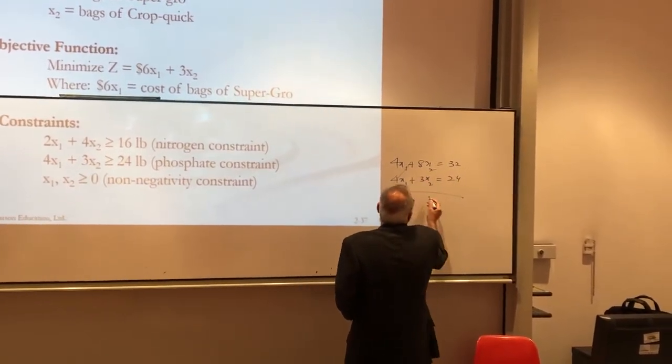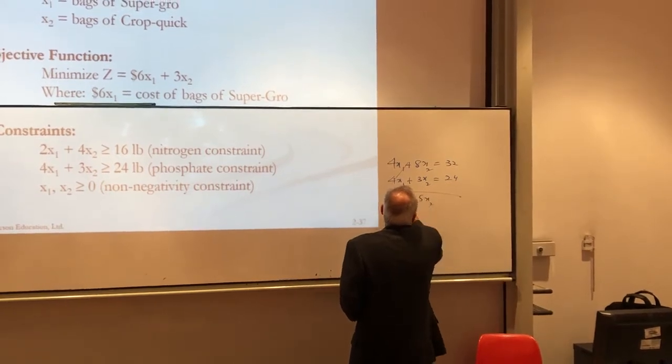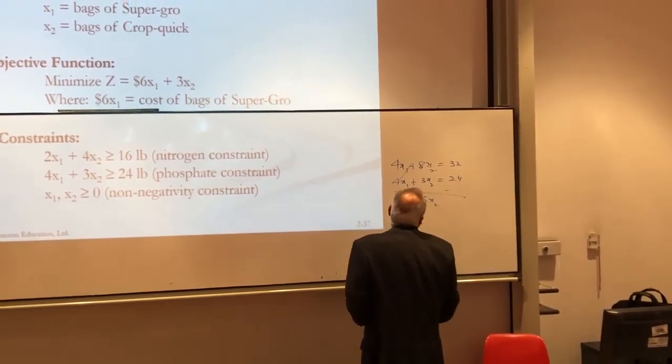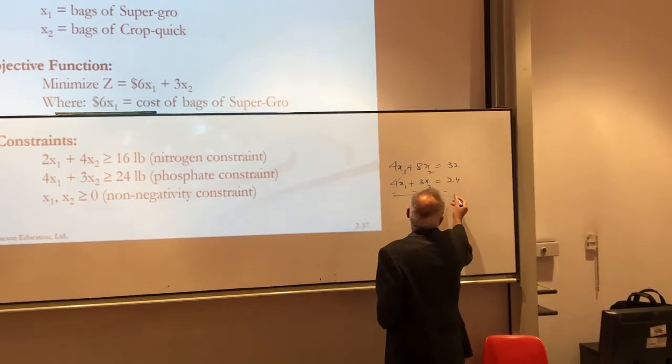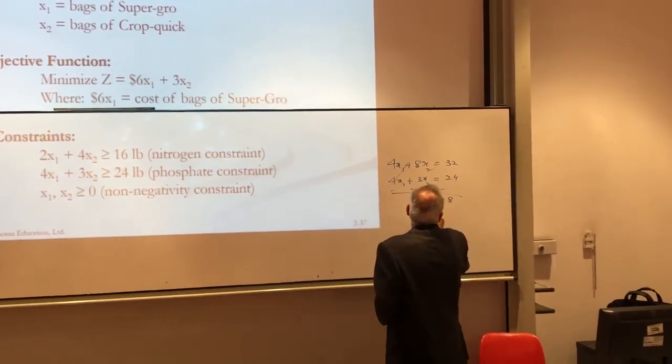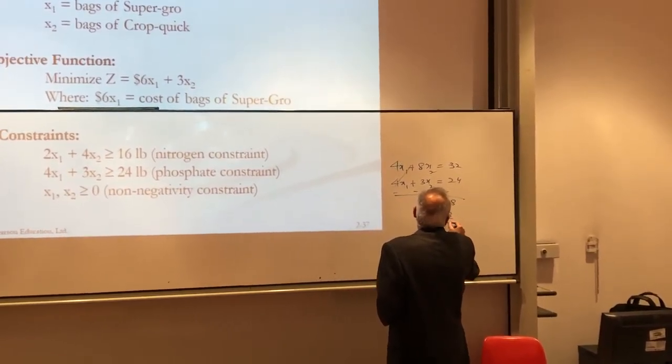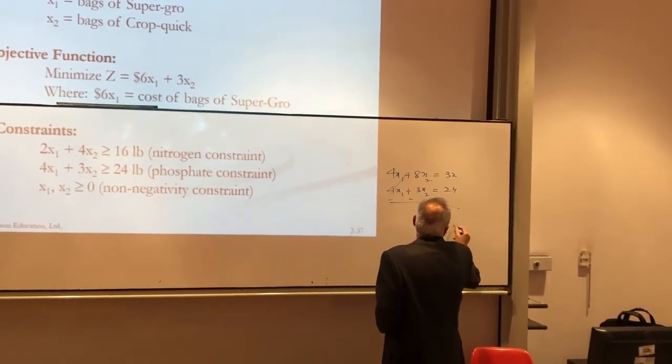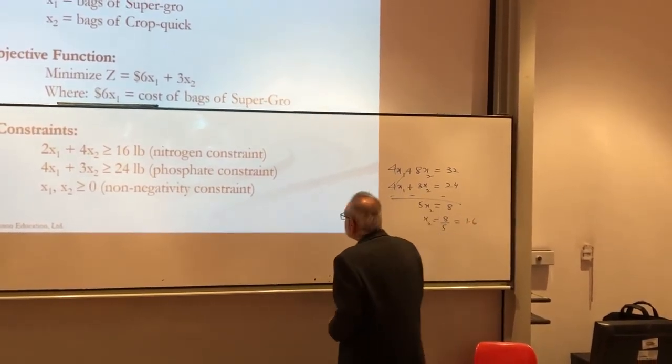Then we have 5x2 is equal to 8. x2 is equal to 8 over 5, which is equal to 1.6.